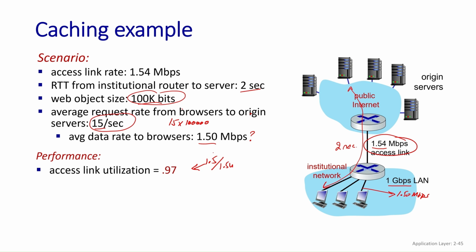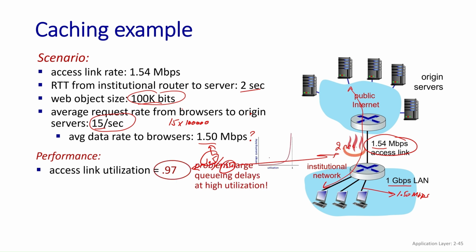This is my average data rate, and this is my outgoing link rate. This tells us the traffic intensity of the network.